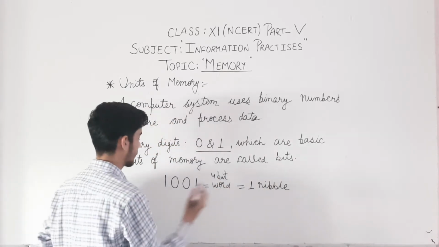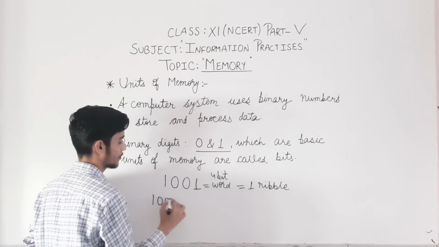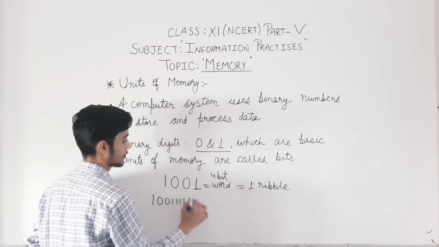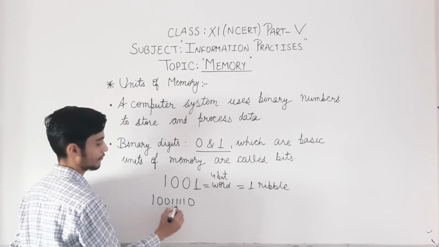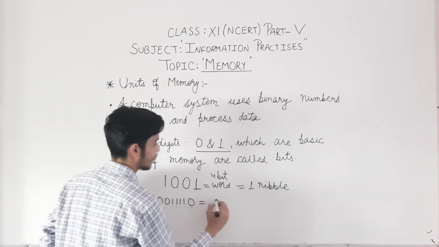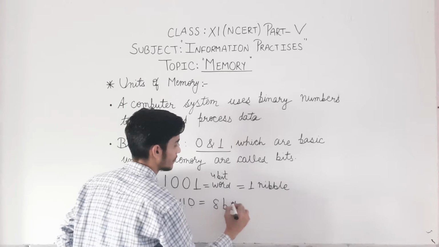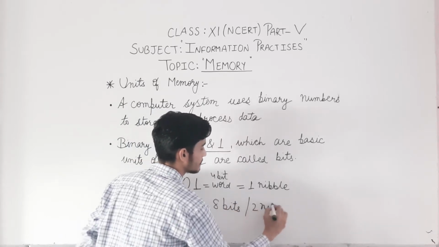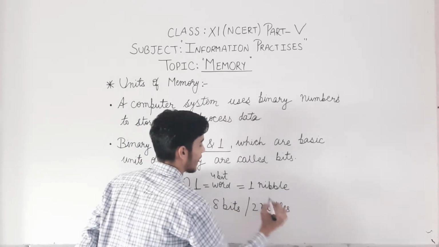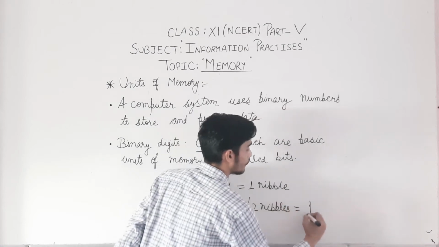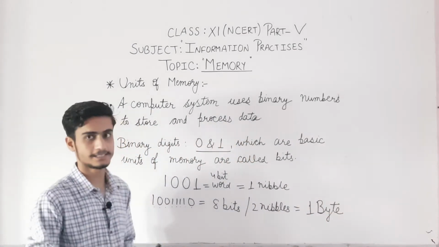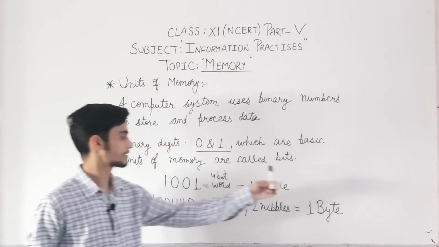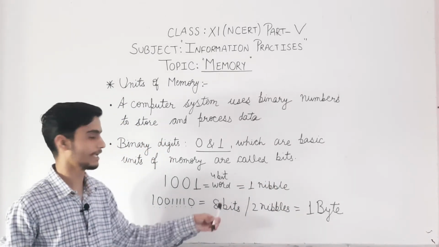If I write 2 nibbles, let's say 1 0 0 1 1 1 1 0, it contains 8 bits: 1 2 3 4 5 6 7 8. These 2 nibbles are referred to as 1 byte. So now you can understand 1 byte contains 2 nibbles, or 8 bits.